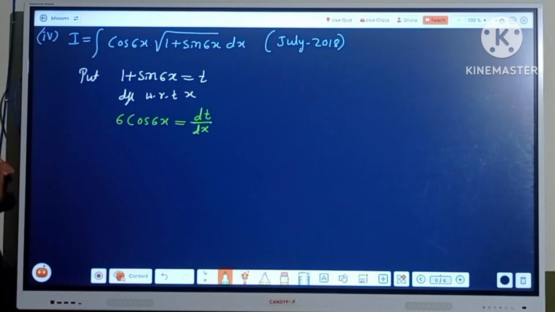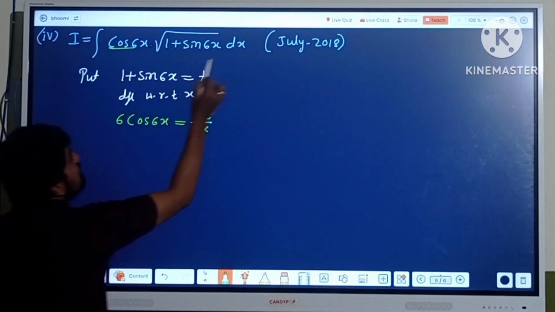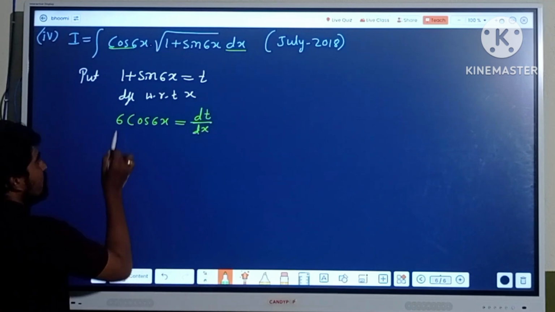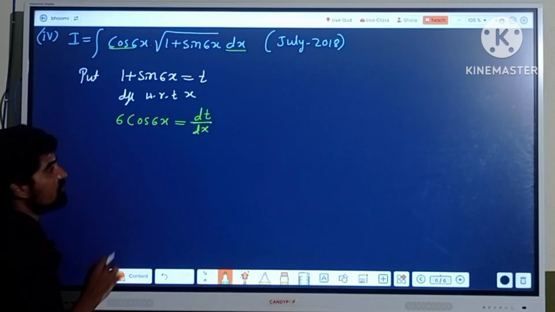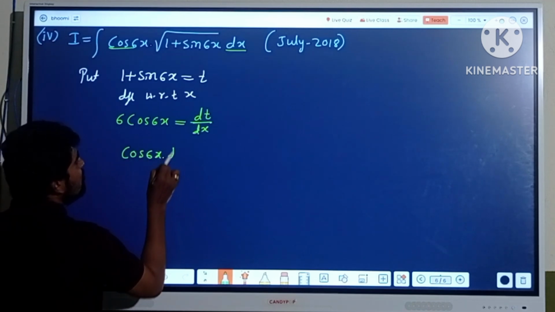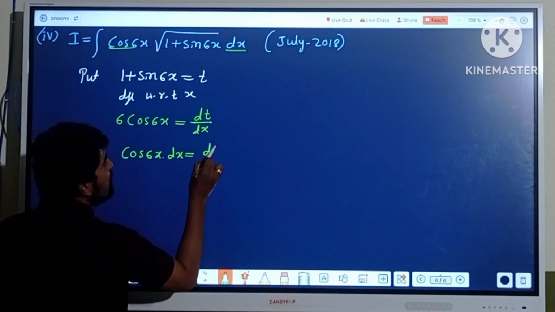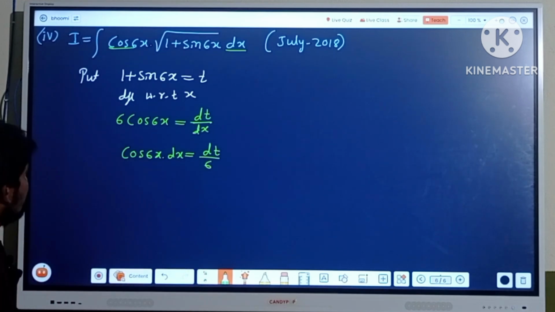On cross multiplying, we have cos 6x dx in the question. Therefore, we shift 6 towards the right side and dx towards the left side. So we get cos 6x dx is equal to dt divided by 6.